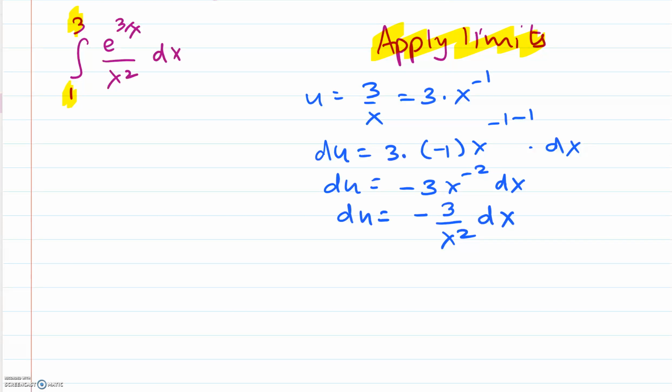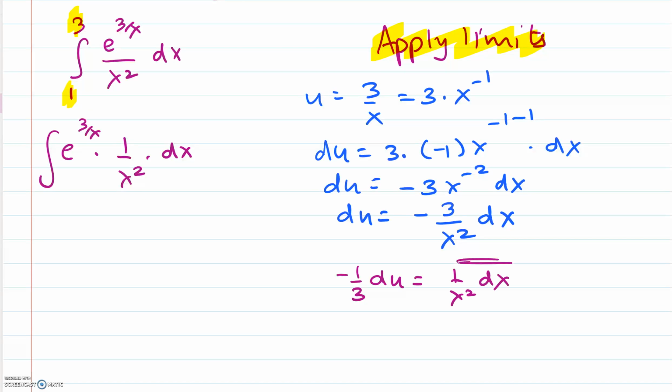Right, so I'm going to rewrite this as e to the 3 by x times 1 by x squared dx. The x squared in the denominator, I'm just writing it as a separate fraction just to associate this with this part. We only want 1 by x squared dx. So we're going to push the negative 3 to this side. Negative 1 by 3 du is 1 by x squared dx.